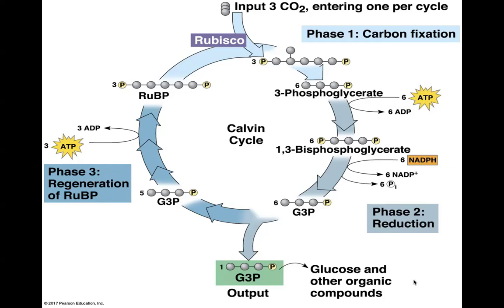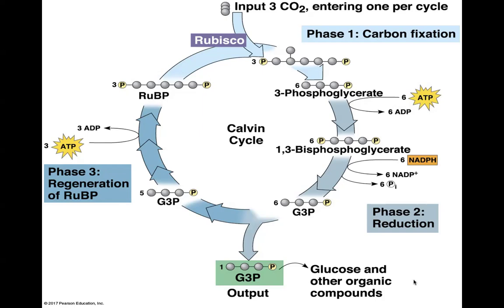We now have to enter into the second phase, which is carbon reduction. This is the part where these electrons are going to be added onto the 3-carbon molecule. In this phase, we will utilize the ATP and NADPH from the light reactions.